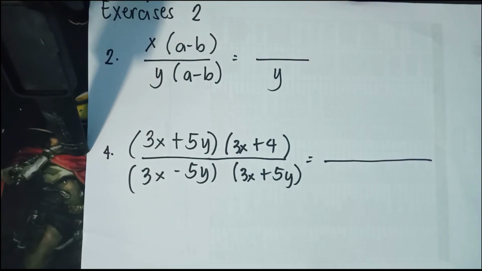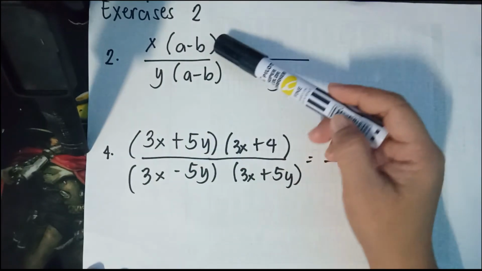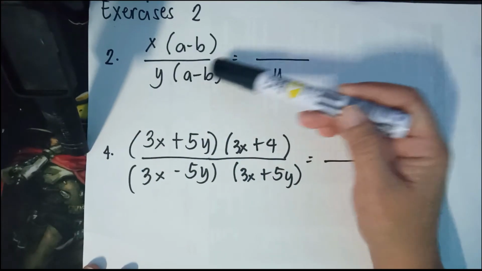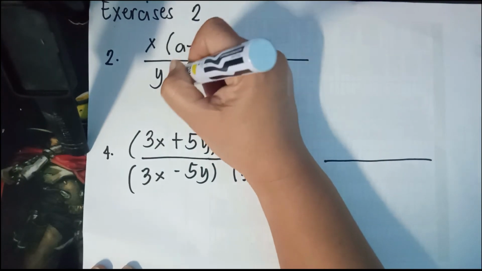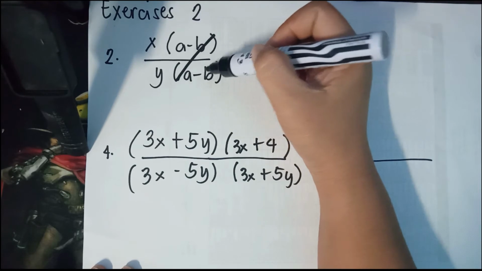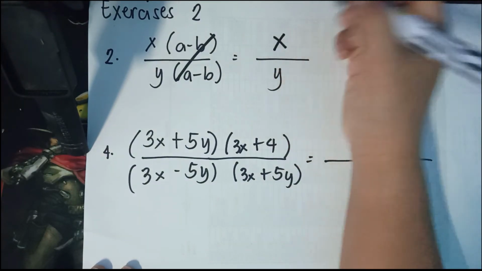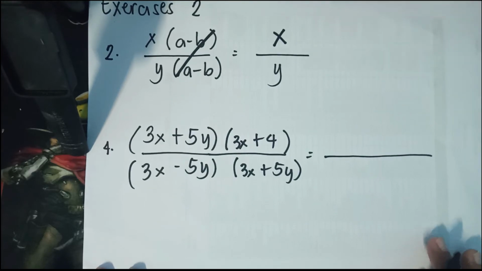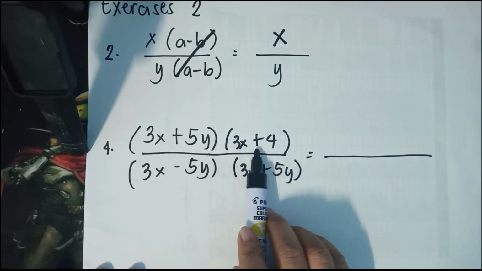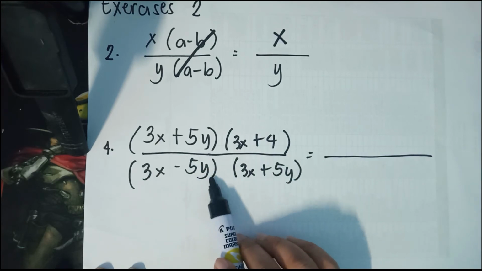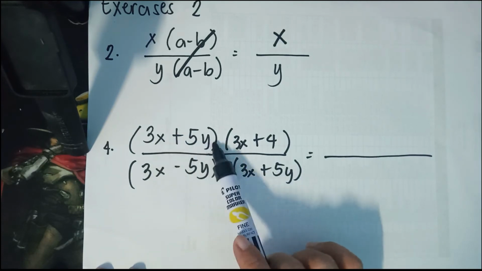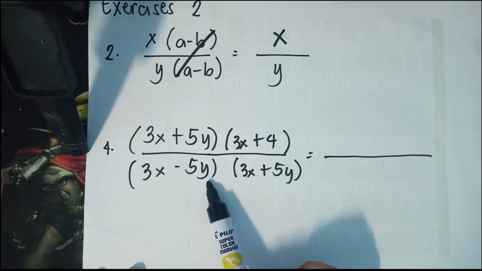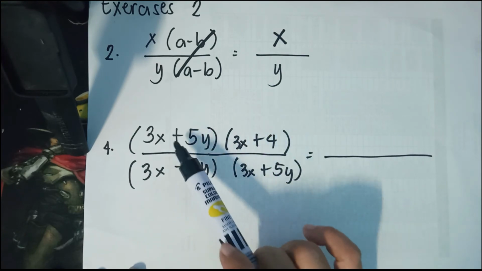Exercises number 2. Given number 1, x quantity a minus b over y quantity a minus b. Then what will be the terms or expression in the blank? All you need to do is cancel out the common factor, which is a minus b and a minus b. Then your final answer is x over y. Number 4, 3x plus 5y and 3x plus 4 divided by 3x minus 5y and quantity 3x plus 5y. We cannot cancel out 3x plus 5y and 3x minus 5y because they are different in their sign.